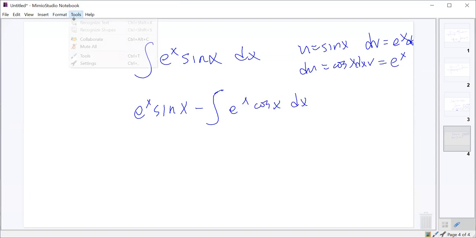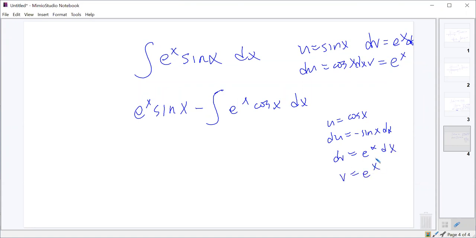And from there, I would do this in a different color if my toolbar was showing up, but I guess it's not. We're going to do another integration by parts for the e to the x cosine x. I'm probably doing the same thing. I'm just going to let u equal cosine x. And so du will be negative sine x dx. Our dv will be e to the x dx, and our v will just be e to the x.